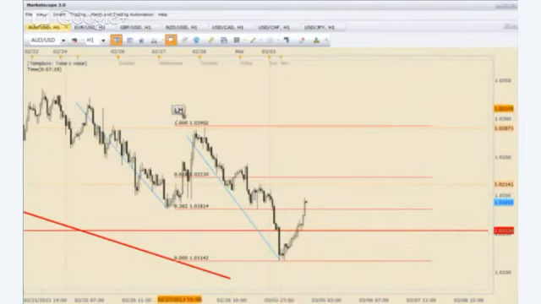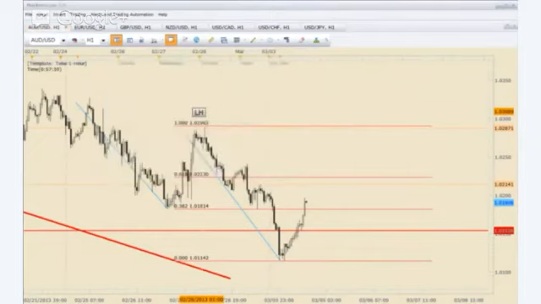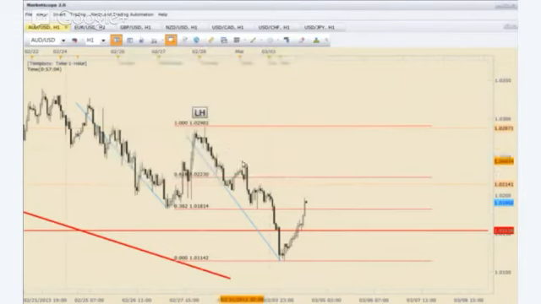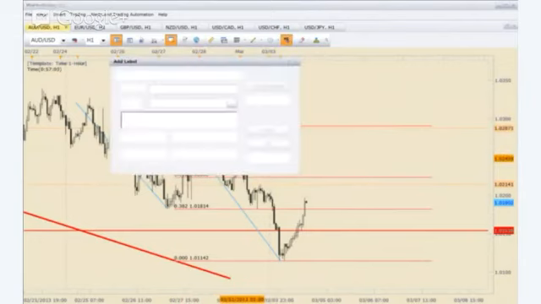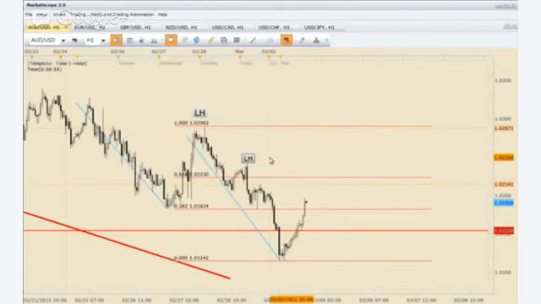Now this lower high here was from the 4 hour chart. But I'm going to put another lower high here, coming off of the 1 hour chart.